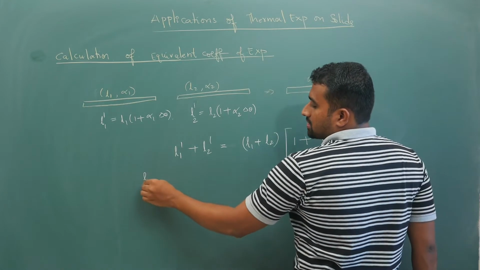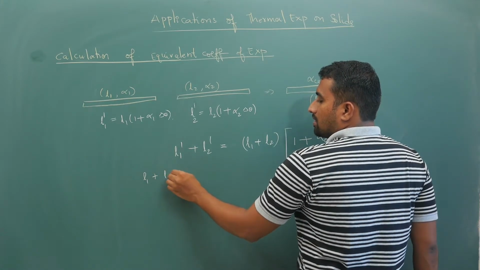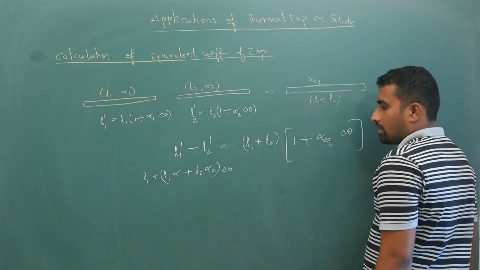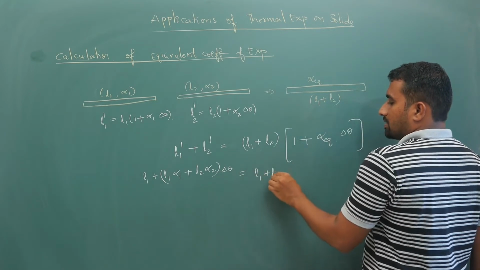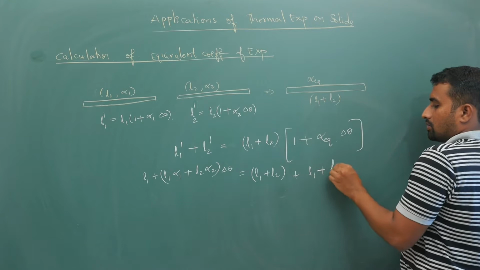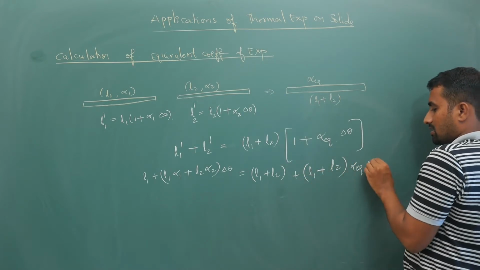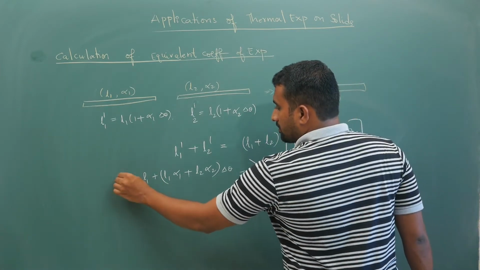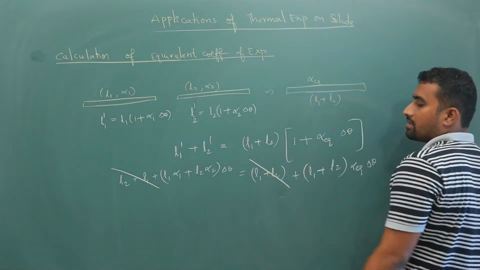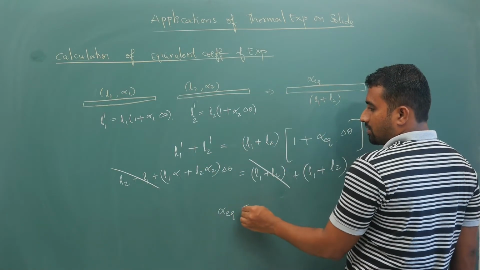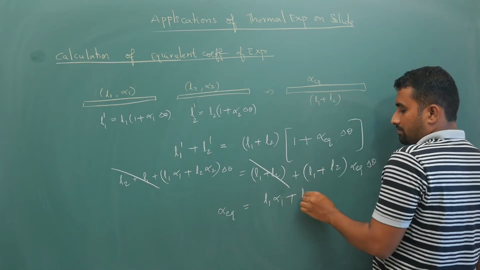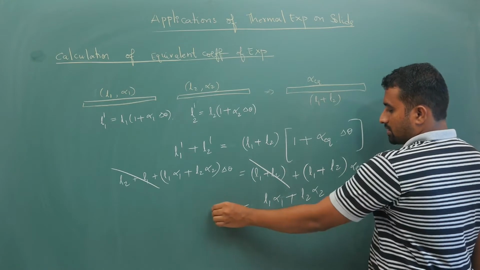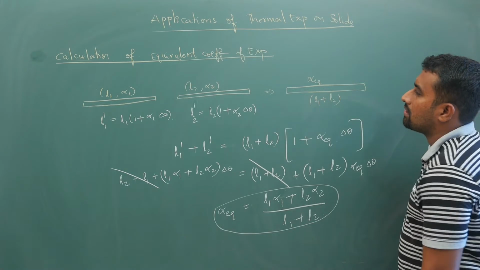If you simplify this, that gives L1 plus L1 alpha 1 plus L2 alpha 2 times delta theta on one side, and L1 plus L2 plus L1 plus L2 times alpha equivalent into delta theta on the other. The L1 plus L2 terms cancel off. From here, alpha equivalent is L1 alpha 1 plus L2 alpha 2 by L1 plus L2. Like this you can give the equivalent temperature coefficient.